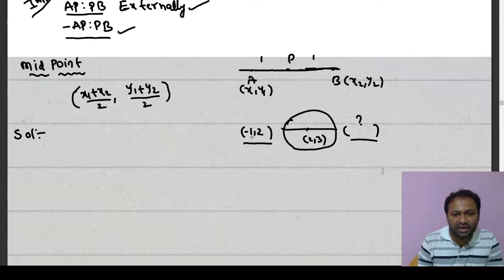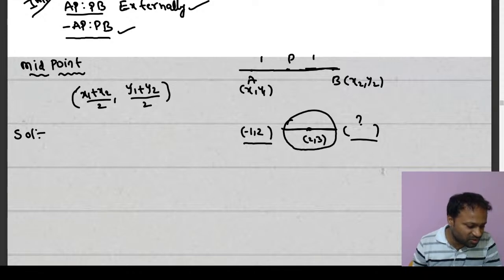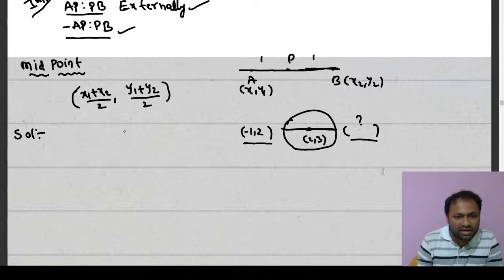You do the problem, I will try to do the solution. Here this is the diameter; in a circle the largest chord is called the diameter. Here the center will be exactly the midpoint of these two ends. I will take this point as A. A is minus 1 comma 2, and I don't know this other point.